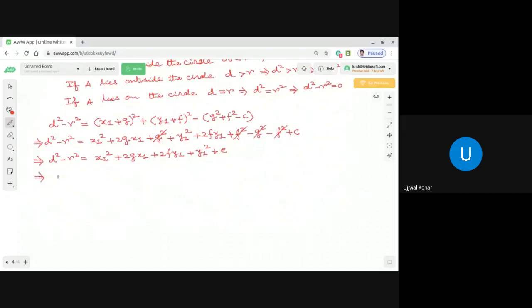So we get d square minus r square is equal to x1 square plus y1 square plus 2g into x1 plus 2 into f into y1 plus c. So this is the value of the expression d square minus r square.